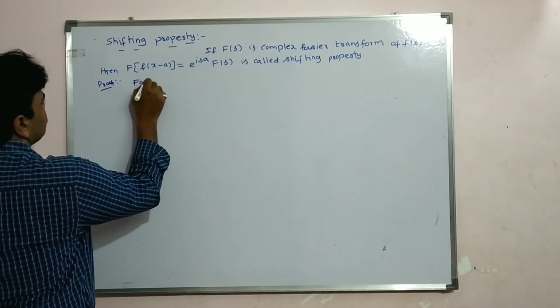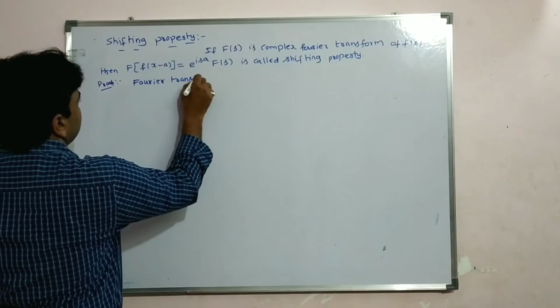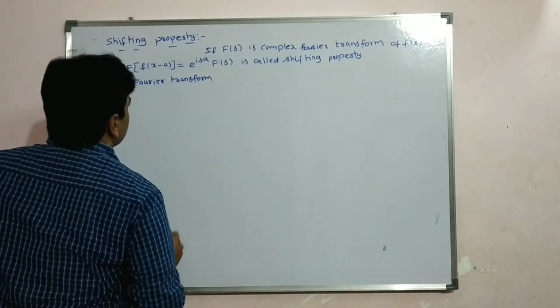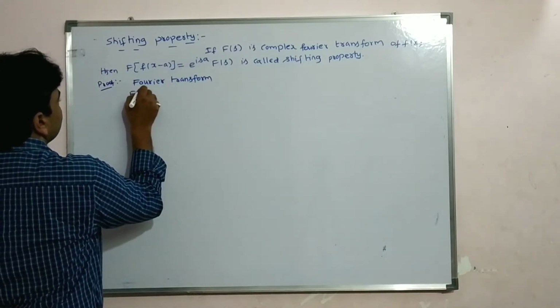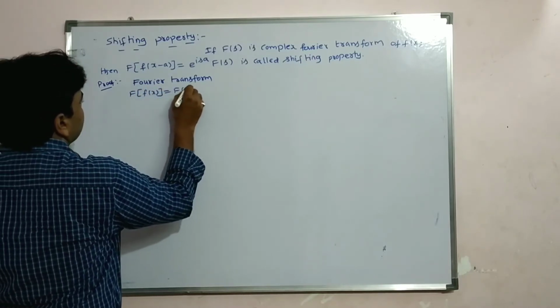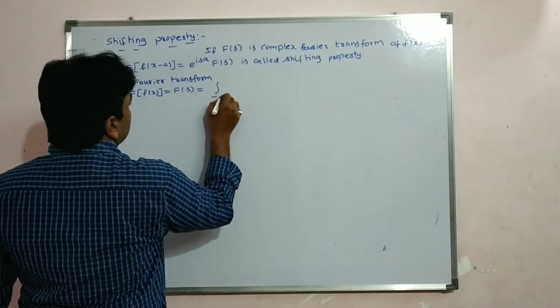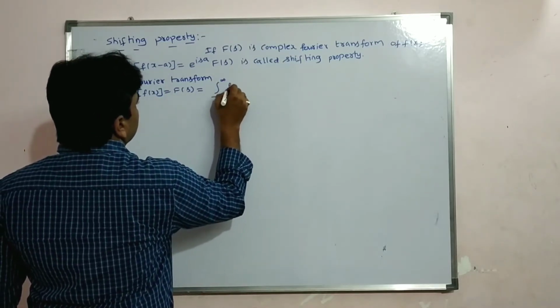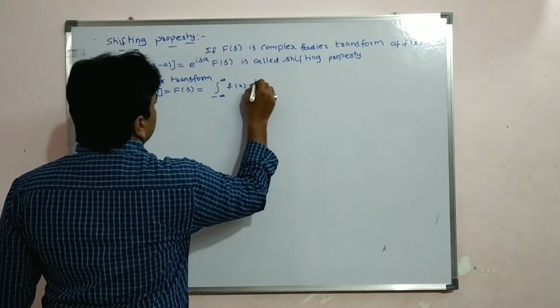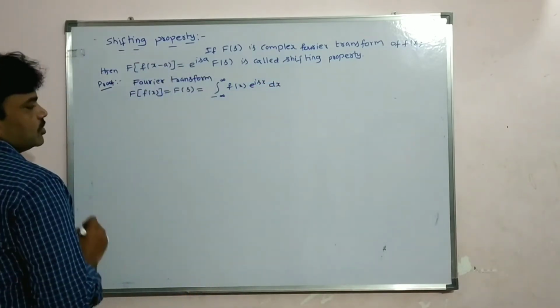Proof. Again take the Fourier transform, students. What is the Fourier transform, students? F of s is equal to the integral from minus infinity to infinity of f of x e power isx dx, students.